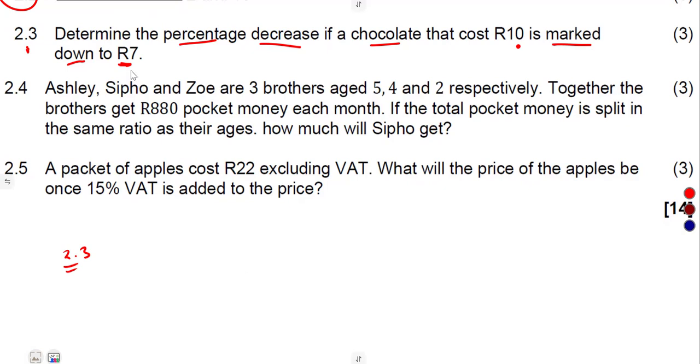So a percentage decrease, we can easily take it that this way to say that originally, whatever price that you are given, as the original price, the marked one, before you have a decrease or an increase, it will be considered to be at 100%.